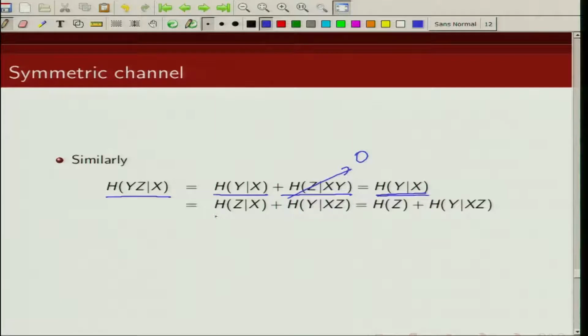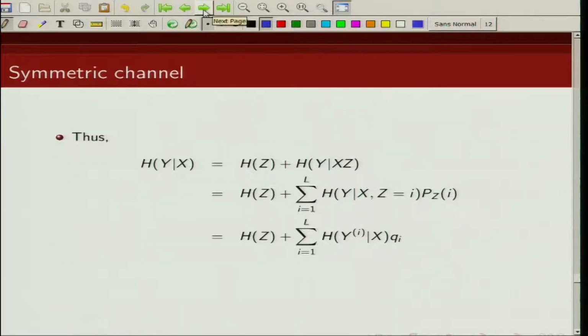Now I can apply chain rule again in a different way, and I can write this expression as uncertainty in z given x plus uncertainty in y given xz. Now x and z are independent, so knowing x does not give me any information about z. So, this will be h of z plus h of y given xz.